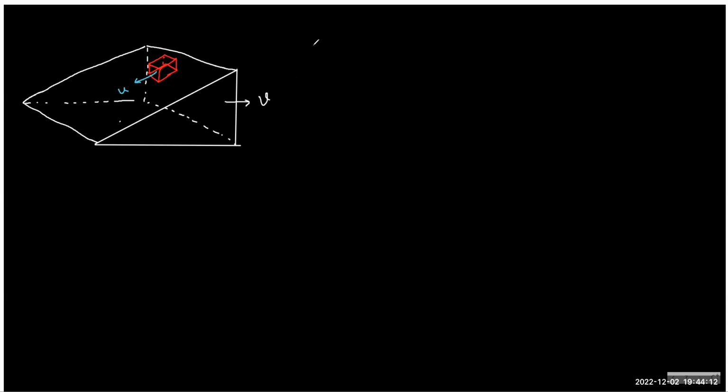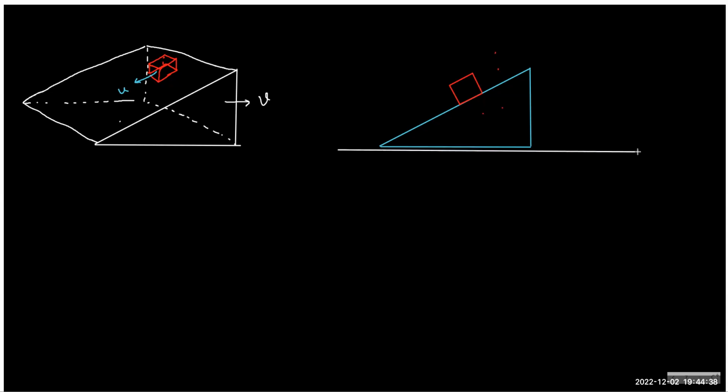Just to make it simple, I'll do it like this. Let's say both are moving.